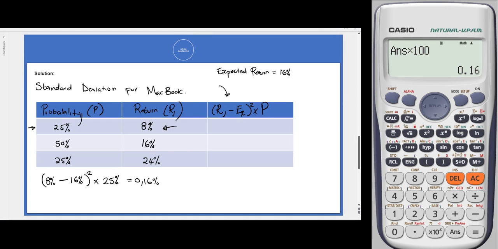Okay, so we are back on our answer sheet, and we said that this is 0.16%. So we will do the same thing for the next one.